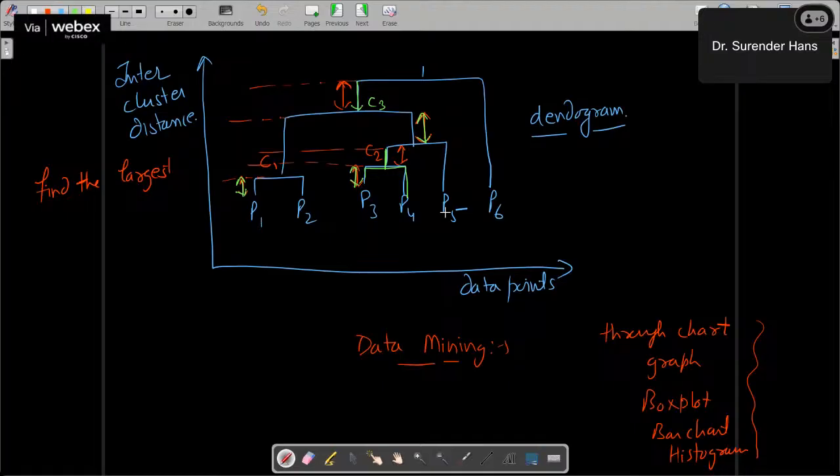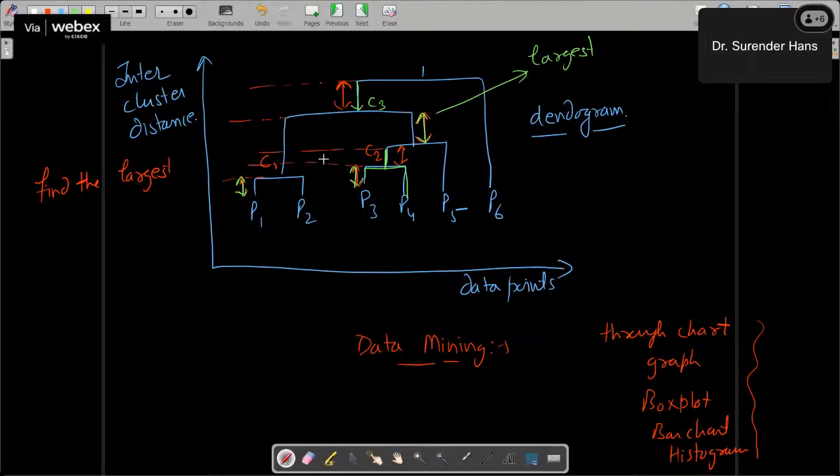First you have to check the largest vertical line. Let's say, for example, this one is the largest vertical line. This vertical line shows the distance between the two clusters.